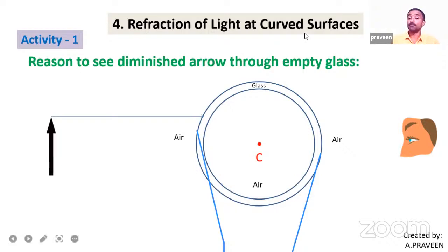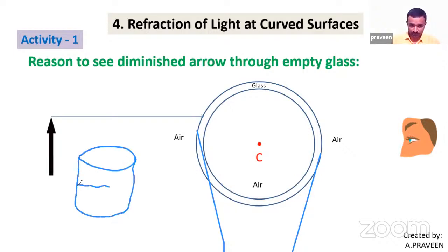In the pencil activity, when you place a pencil in a glass of water, your eyes view it bending inside. Suppose here I am showing you a glass of water, right? If you place a pencil, what happens?